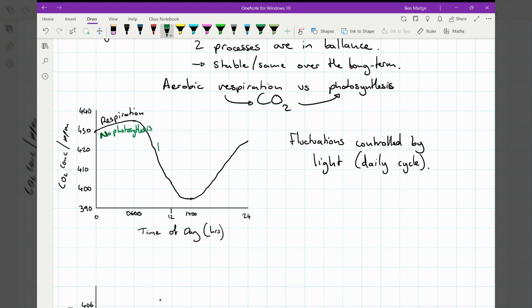Now we have photosynthesis that is happening at a greater rate than respiration, which you'd assume continues at the same rate. And then as the day grows old and the sun starts to set, the amount of photosynthesis decreases, and the amount of respiration remains the same.